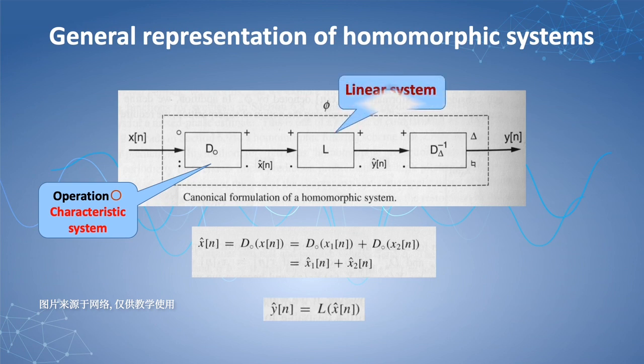The second system L is a general linear system, which determines the characteristics of the homomorphic system and is the focus of system design. The third system transforms addition operation to triangle operation. The system D_△ is determined by the operation triangle and is called the characteristic system of the operation triangle.